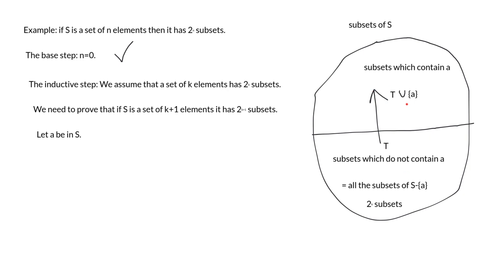And also clearly every subset in here, because it contains A, is obtained by the union of something there with A. This argument shows that there is a one-to-one correspondence between all the subsets in the two parts, and therefore the number of subsets in this part is also 2 to the k.